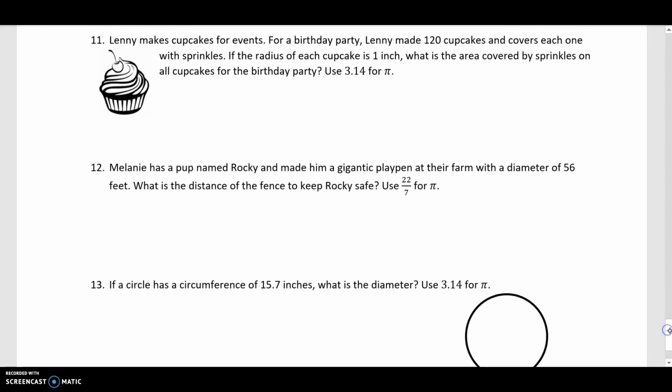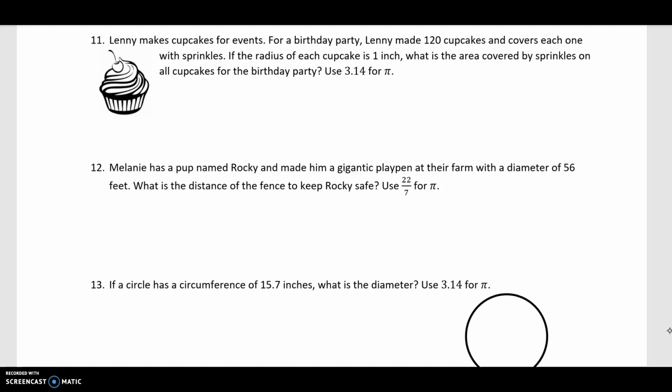All right, number 11. So Lenny makes cupcakes for events. For a birthday party, Lenny makes 120 cupcakes and covers each one with sprinkles. If the radius of each cupcake is 1 inch, what is the area covered by the sprinkles on all of the cupcakes for the birthday party?